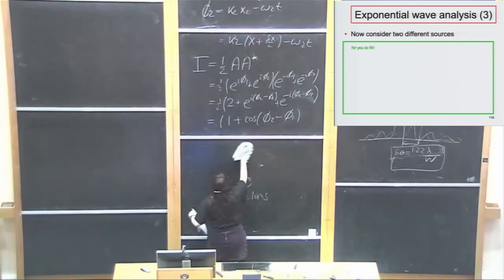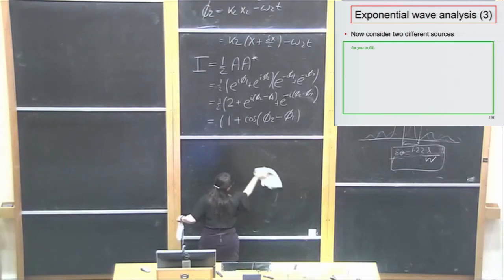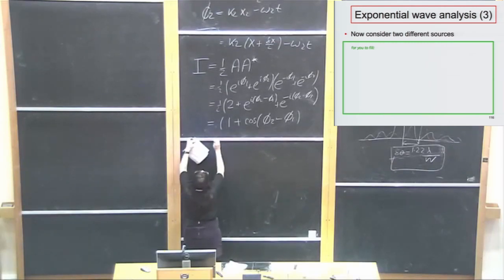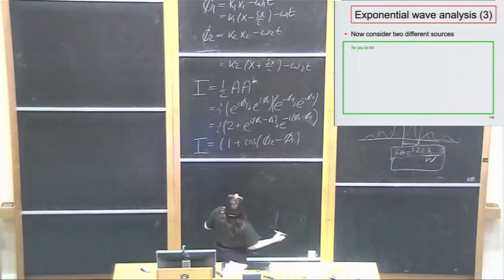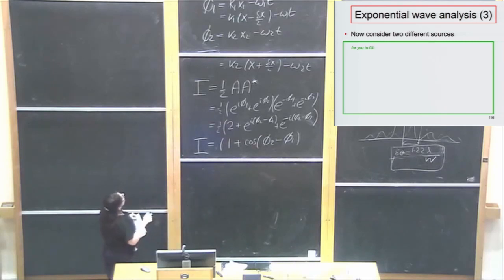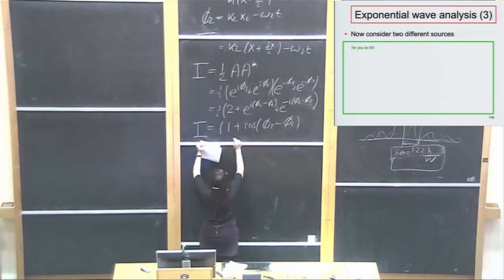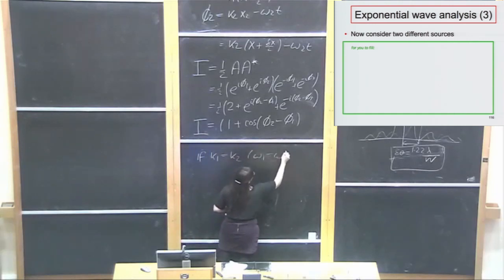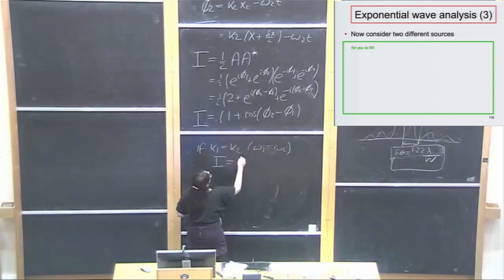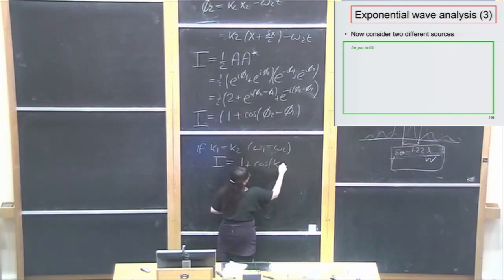Okay, so that's my intensity distribution. Now, if you look back at my definitions for phi 1 and phi 2, you can see that if k1 equaled k2 and omega 1 equaled omega 2, this would just reduce to our normal two-slit intensity distribution: I equals 1 plus cos k delta x.